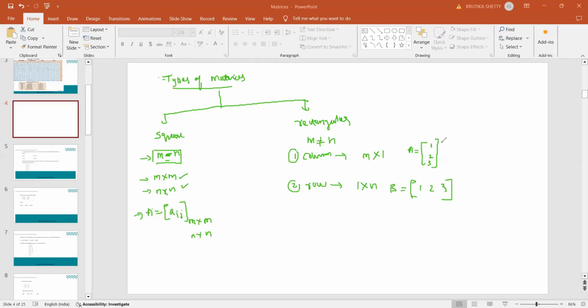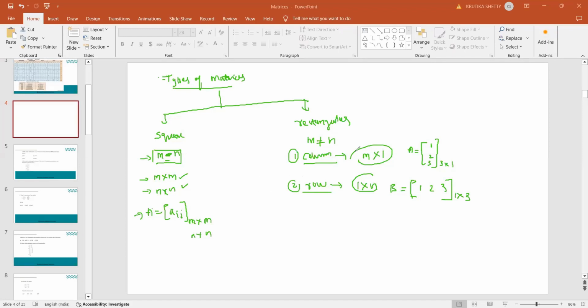See what the order is here: the order will be 3 cross 1 for the column matrix, and here the order is 1 cross 3. So 3 columns are there and 1 row is there. As per the definition, a column matrix has 1 column, and a row matrix has only 1 row. In an MCQ, they may ask you the order. The order of a column matrix is always m cross 1, and for a row matrix it is 1 cross n.